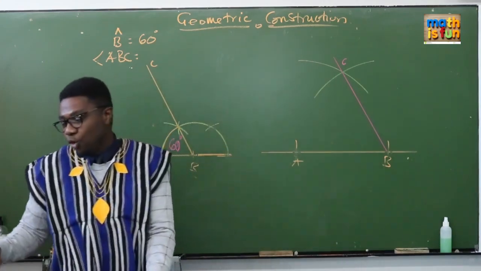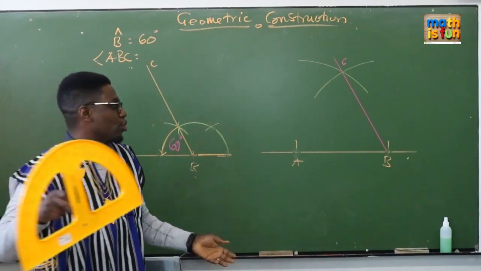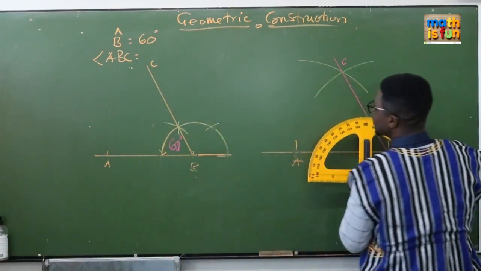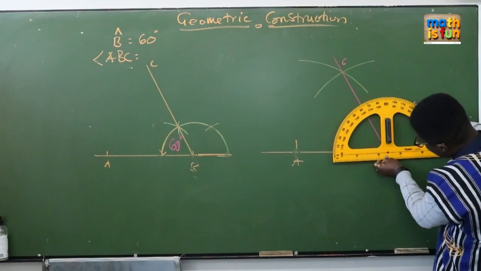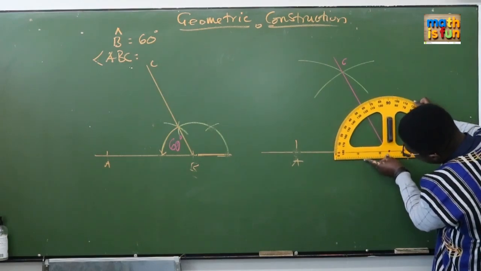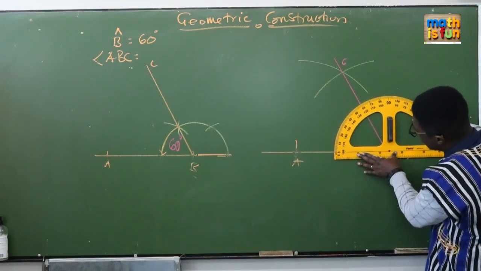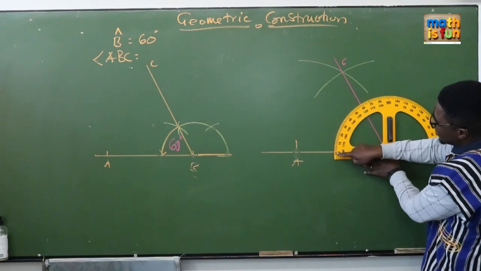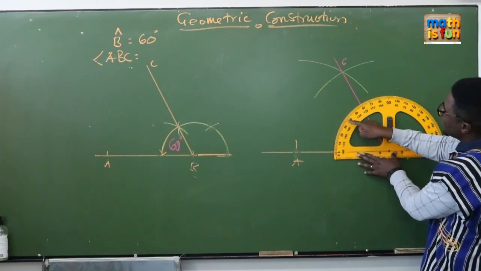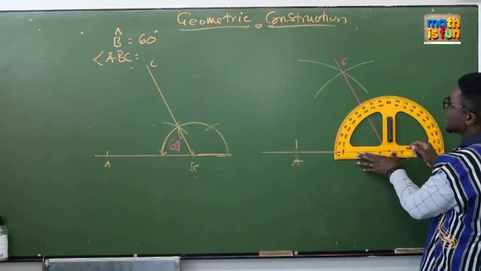But how will we know if it is right or wrong? So we need to check it again. You make sure you have this on the vertex. Then I do the outer reading, 0, 10, 20, 30, 40, 50, 60 exactly.